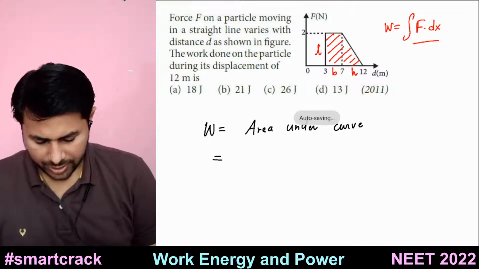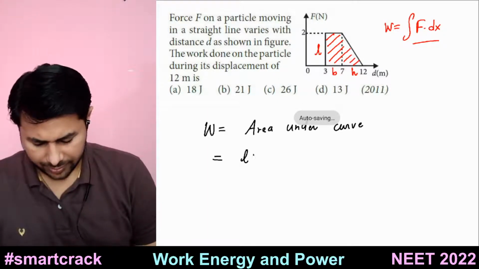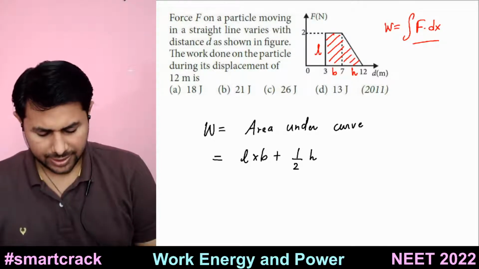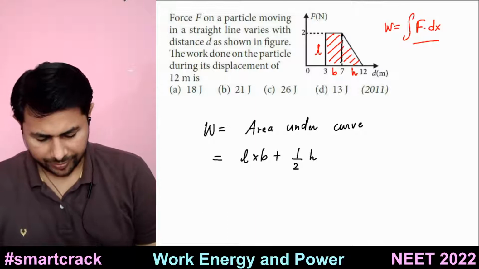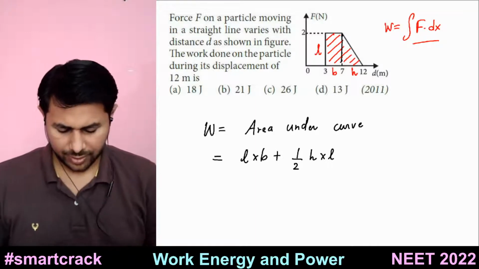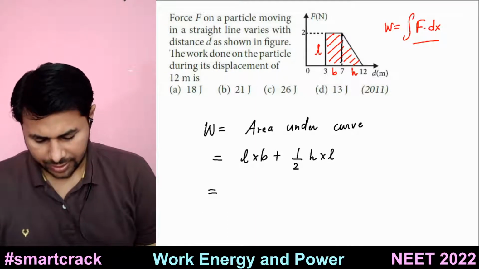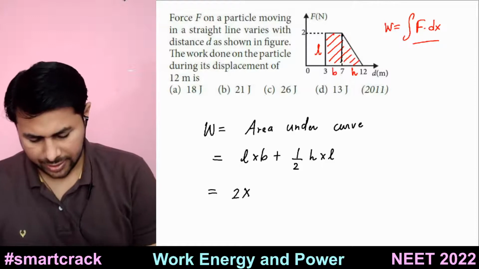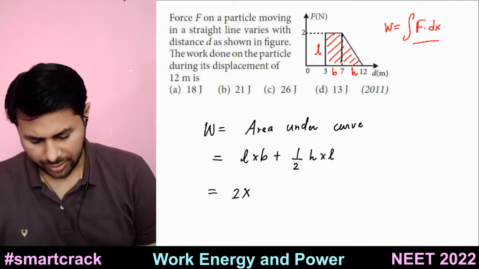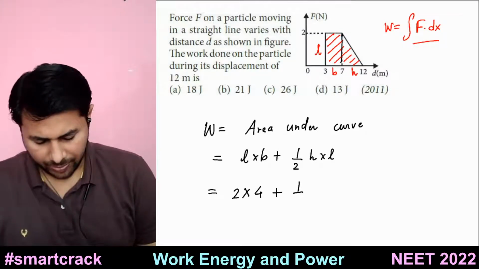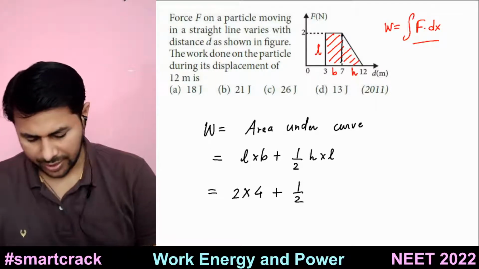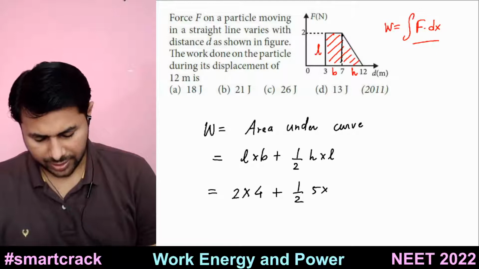So it is L times b plus half of base times height, where the height is L. L is 2, the breadth of the rectangle is 7 minus 3, that is 4, plus half of h, which is 12 minus 7, 5, times L, which is 2.